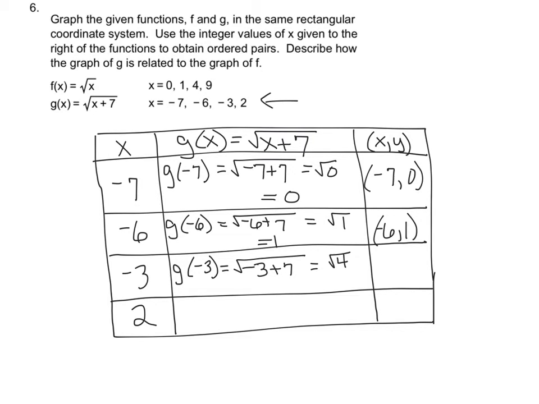And the square root of 4 is 2. And my ordered pair is negative 3, 2. Lastly, I have g of 2, which is the square root of 2 plus 7, which equals the square root of 9, which equals 3. So my last ordered pair is 2, 3.